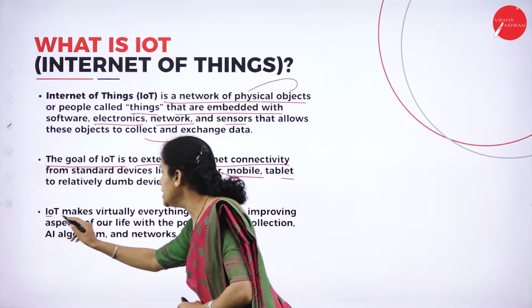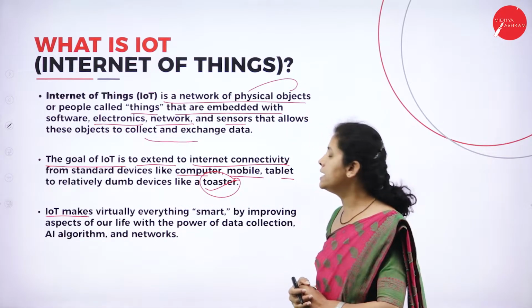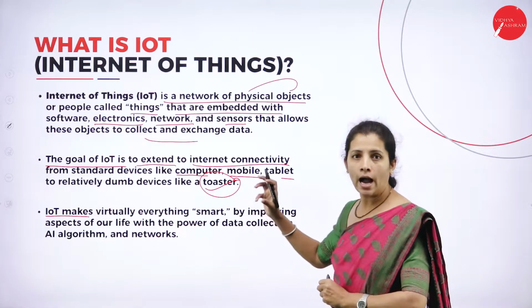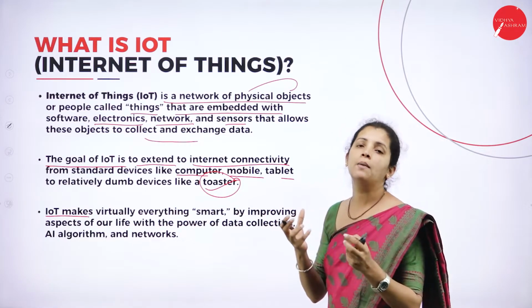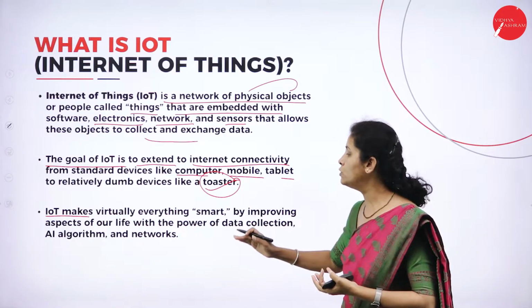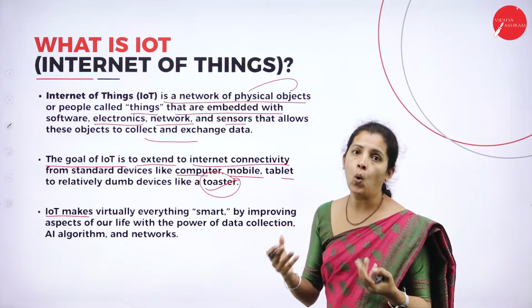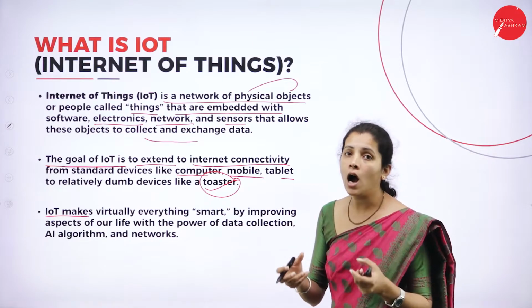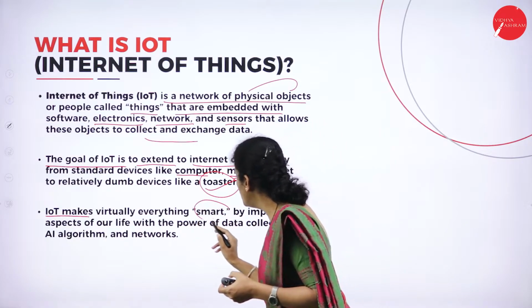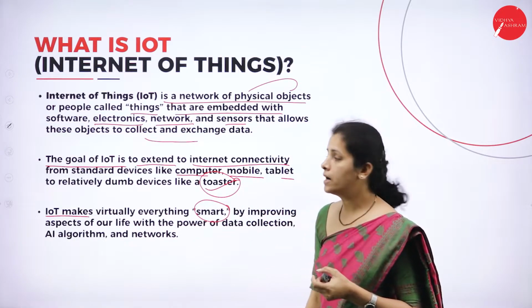So IoT makes virtually everything smart. That means by using IoT, I am going to connect all the devices virtually. So I'm going to create a smart home or smart house or smart office. So here I can use the word smart.